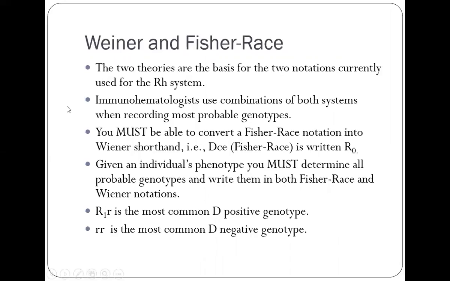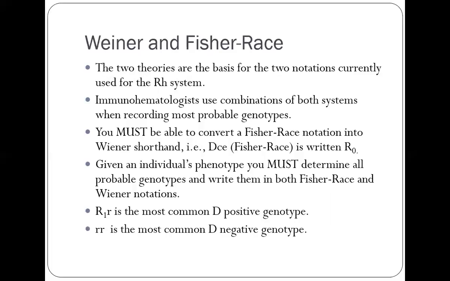Now, the 2 theories are the basis for the 2 notations currently used for the Rh system. So immunohematologists will use a combination of both systems when we record probable genotypes. So when we're referring to the Rh blood group system, we can name the different antigens that have been inherited based off of both of these two naming systems.